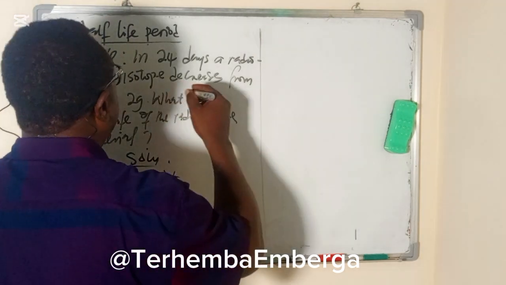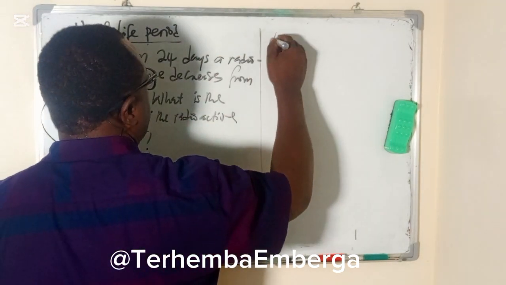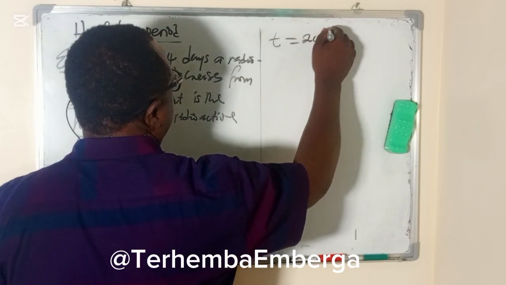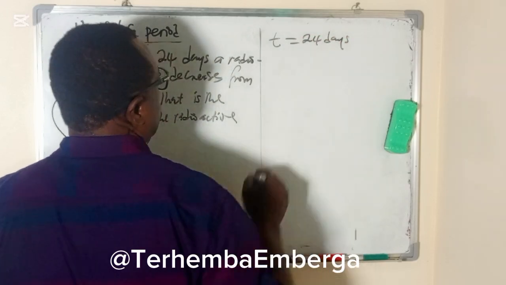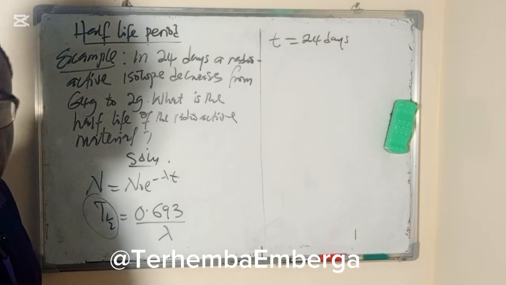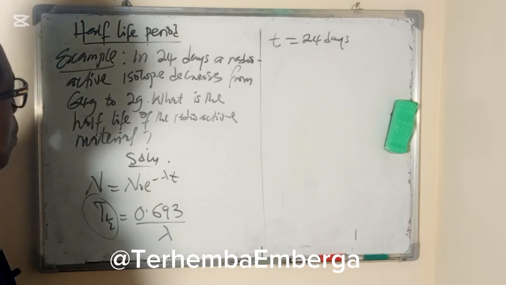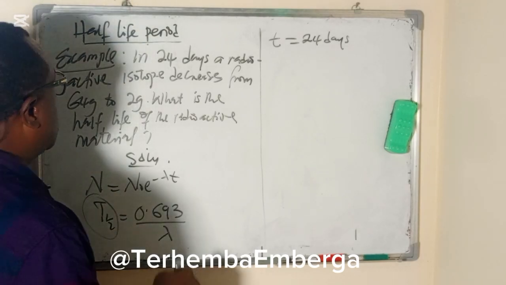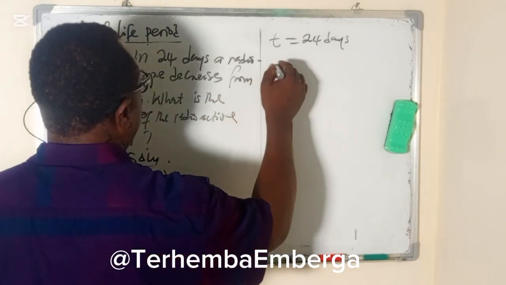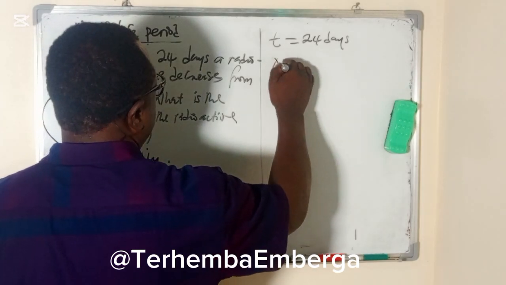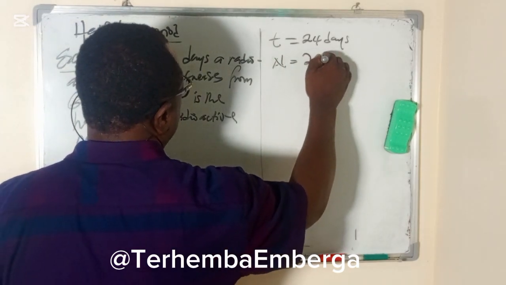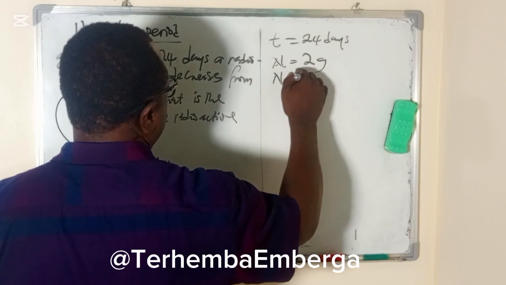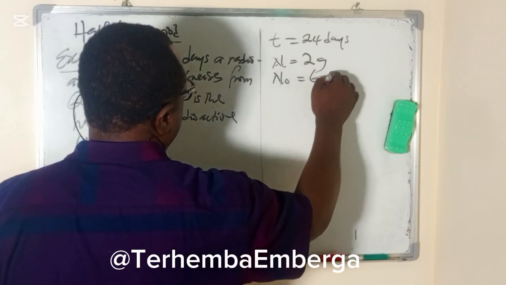So looking at this, 24 days is the time. And looking at this, we have N equal to 2 grams, and N naught equal to 64 grams.